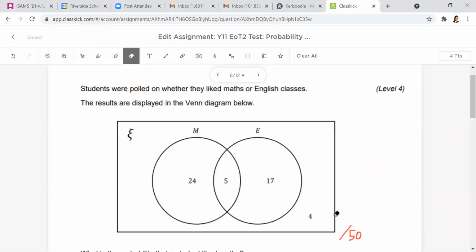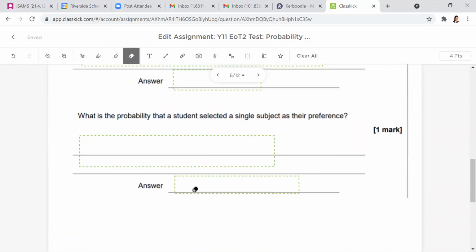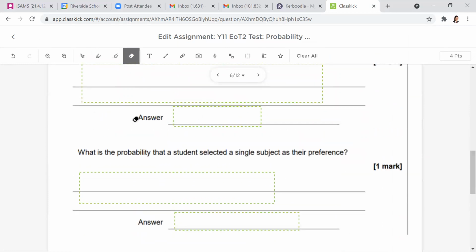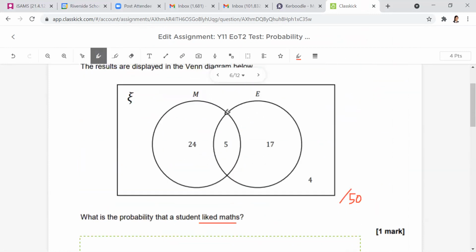I think that was done pretty well. But the last one, a bit of confusion here. What is the probability that a student selected a single subject as their preference? Only maths or only English. So you're looking at this guy and this guy.